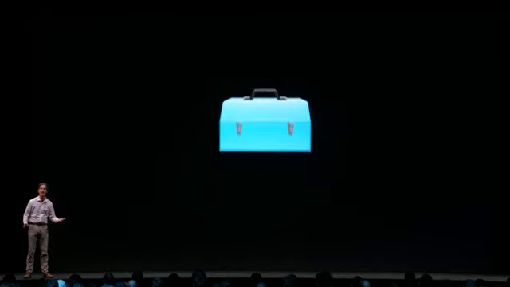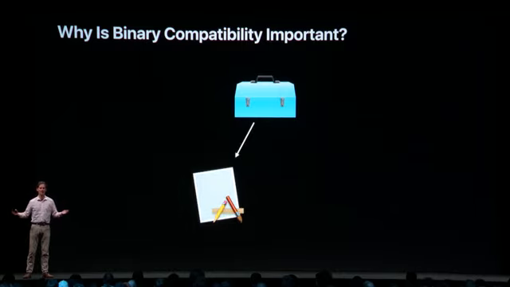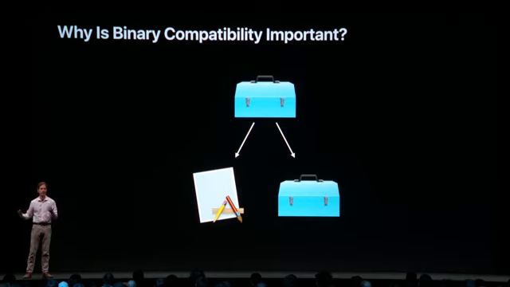Now, why is binary compatibility important here? It's because you don't necessarily know who your clients are going to be. A lot of times, it'll just be an app target. They'll take your framework, bundle it up, and send it off to the store. But other times, you'll have clients that are themselves binary frameworks, either from your company or another company entirely.